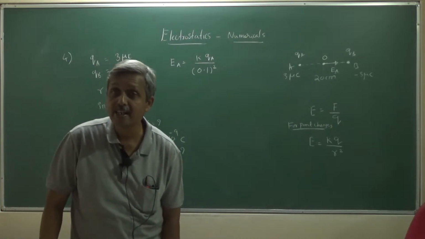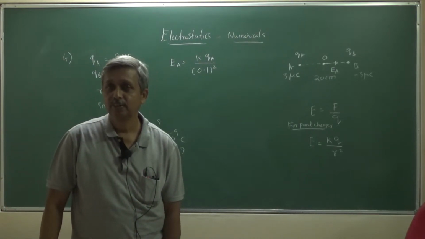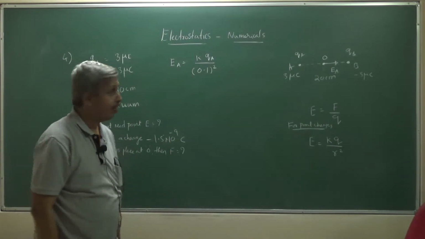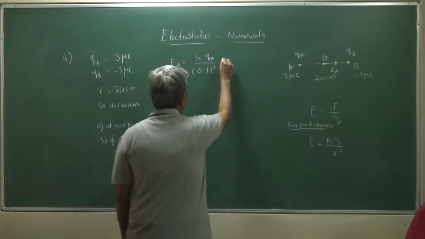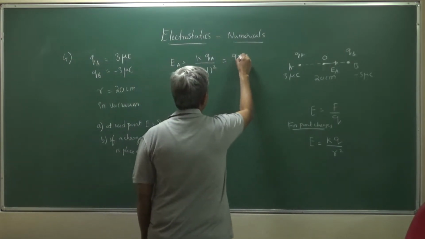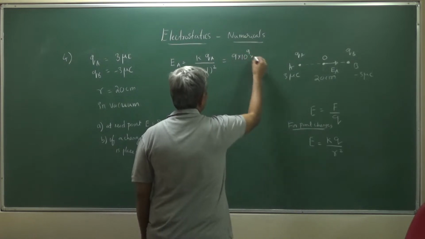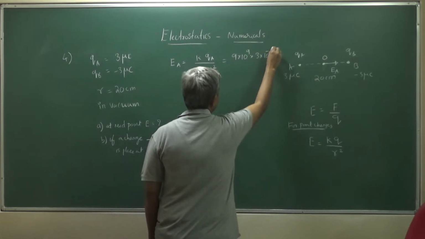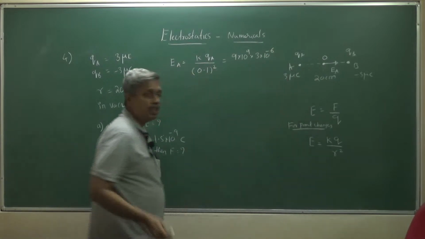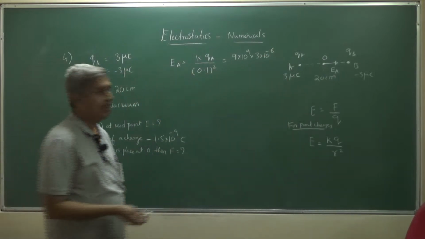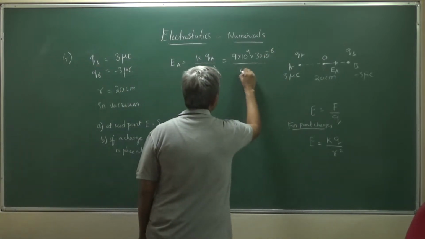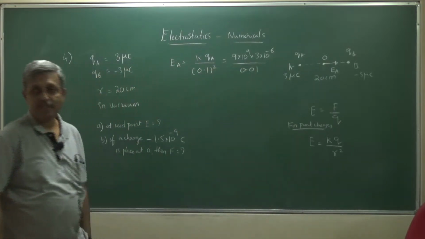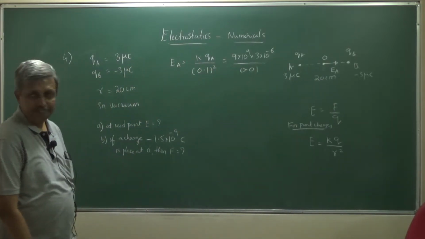This is EA, and it is in the direction shown in the diagram. So I am going to write it here as 9 into 10 power 9 into 2A, which is 3 into 10 power minus 6 coulomb, divided by 0.1 square, that is 0.01. This is EA.